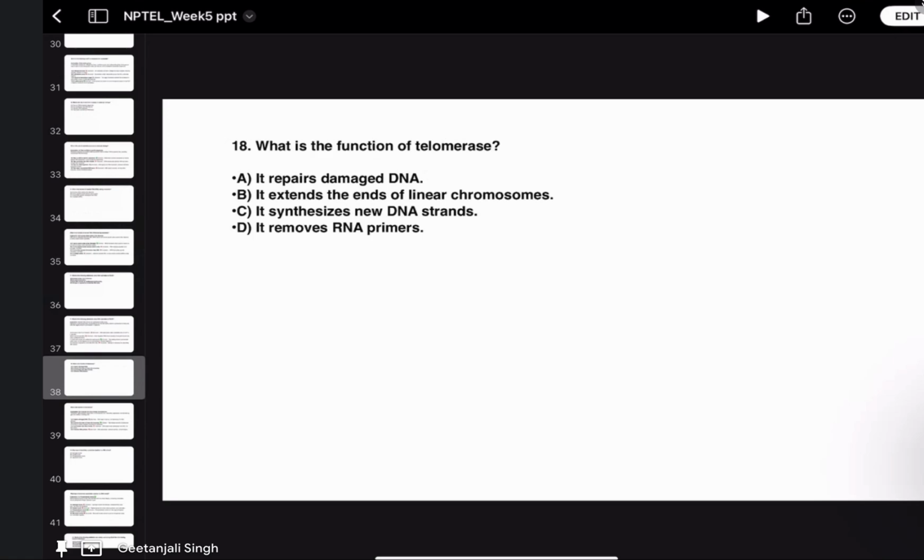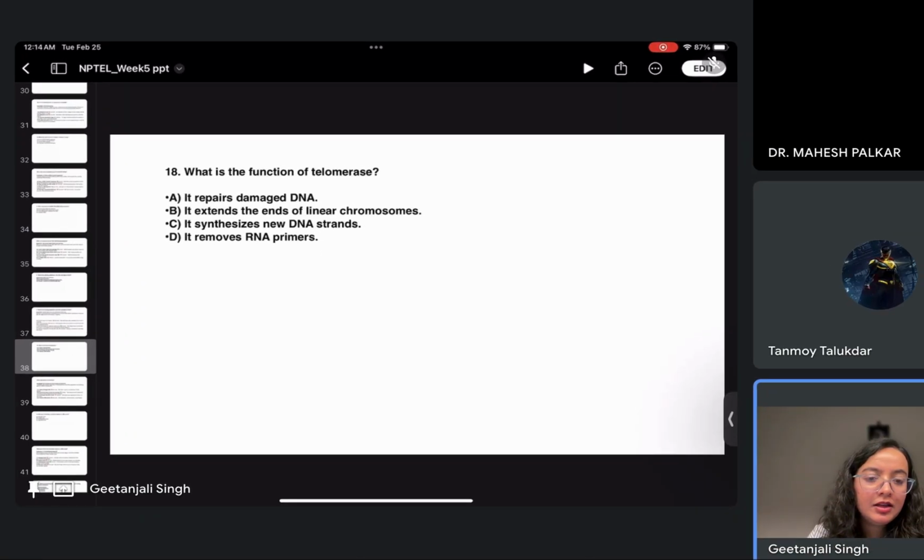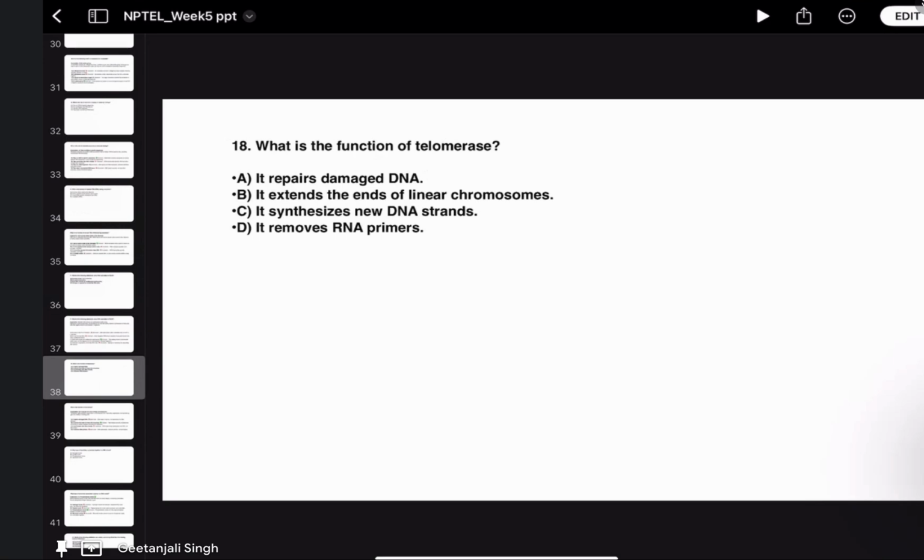The next question: what is the function of telomerase? A. It repairs damaged DNA. B. It extends the ends of linear chromosomes. C. It synthesizes new DNA strands. Or D. It removes RNA primer. An interesting fact about telomerase is that as we grow older, the telomeres start shrinking.